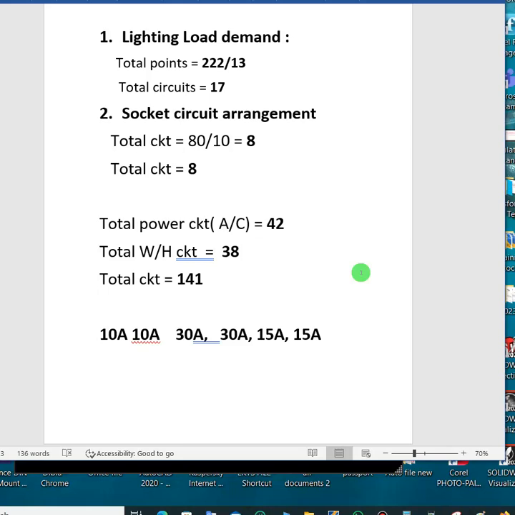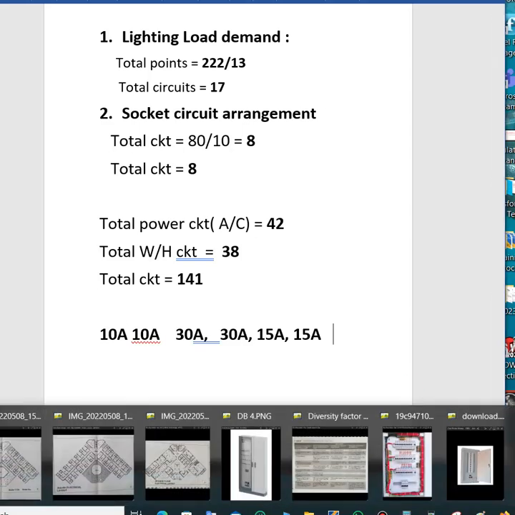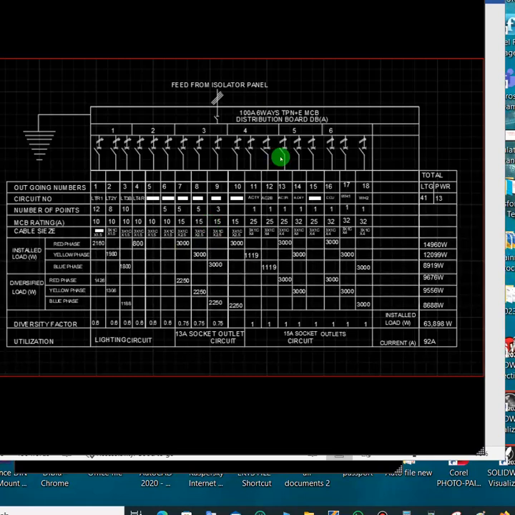We're going to apply our diversity factor and produce the appropriate table that I told you about. We're going to produce different tables. This is one of the tables we're going to generate.